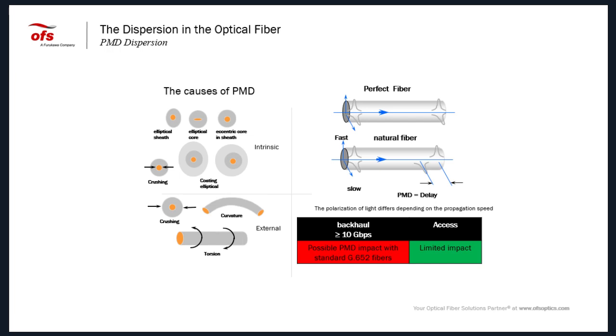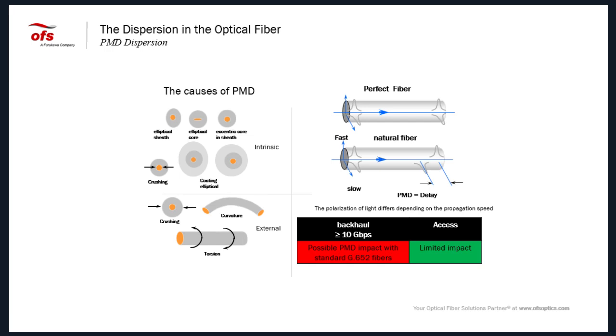Those are intrinsic parameters, but there are some external parameters. If we crush the fiber, or people make curvature on the fiber, or we apply more torsion on the fiber, we can create PMD. But the most important is to create a good fiber without any elliptical sheath, elliptical core, or eccentric core, because as you know, we transmit a wavelength inside the fiber, and the wavelength is an electromagnetic wave.